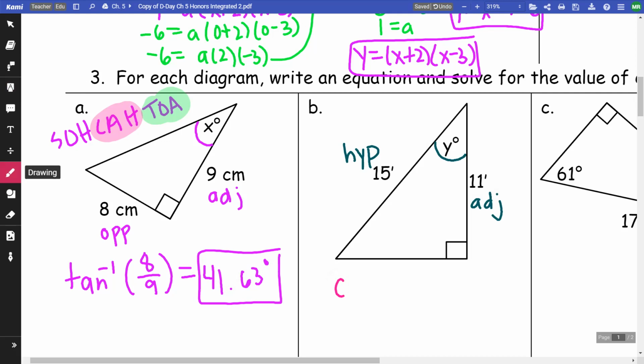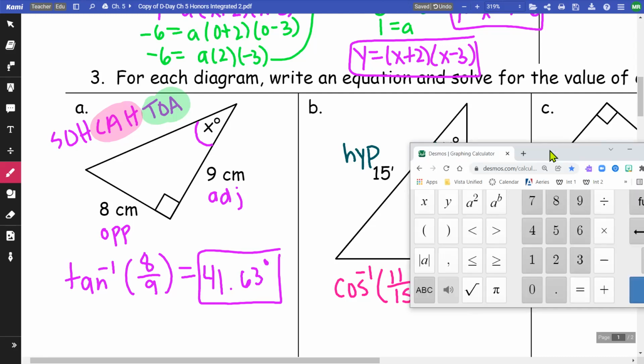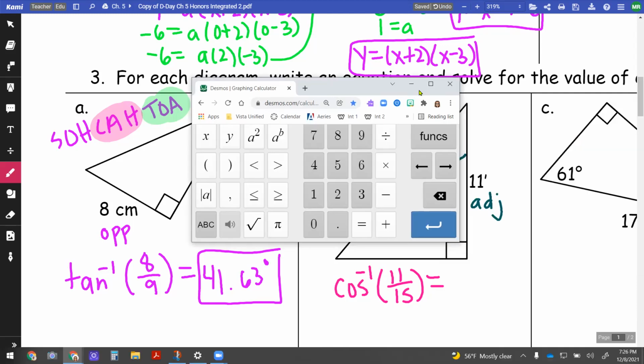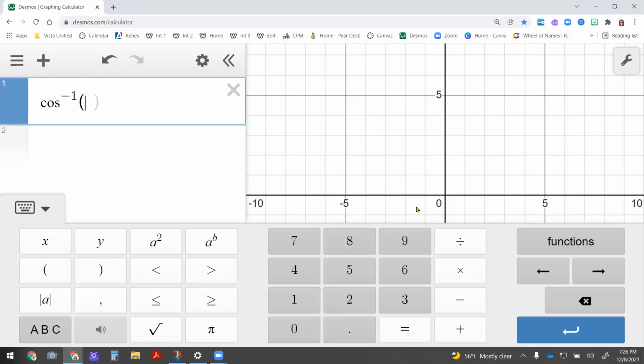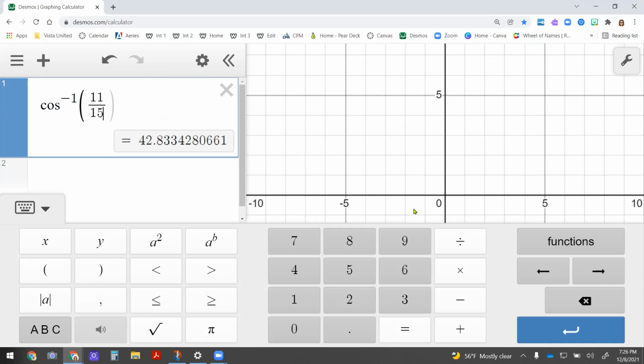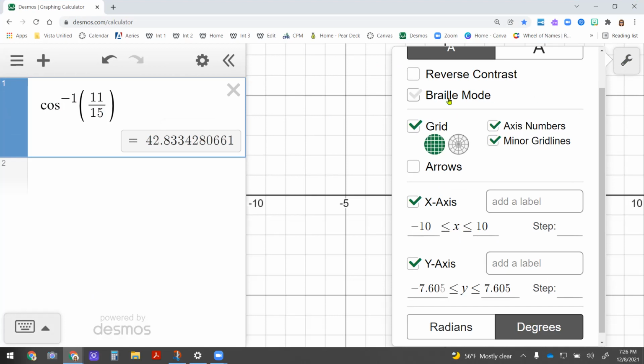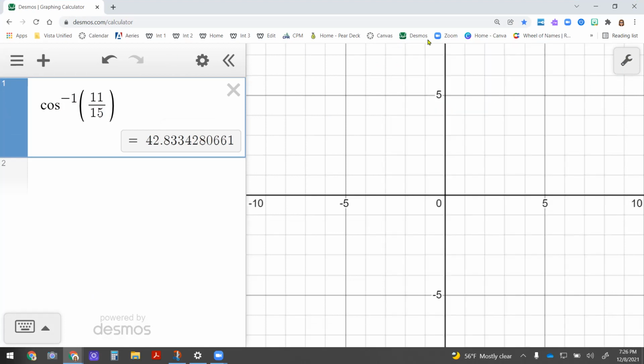So I'm going to do cosine inverse because I'm looking for the angle of adjacent over hypotenuse, so cosine inverse of 11 over 15 is 42.83 degrees. Okay, just making sure I had it in degrees still. 42.83 degrees.